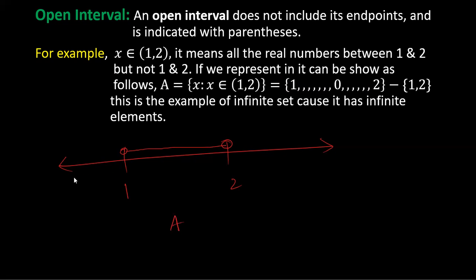So this will be represented as x such that x is strictly less than 2 and strictly greater than 1. That means all the numbers between 1 and 2, other than 1 and 2. Clear? Okay.